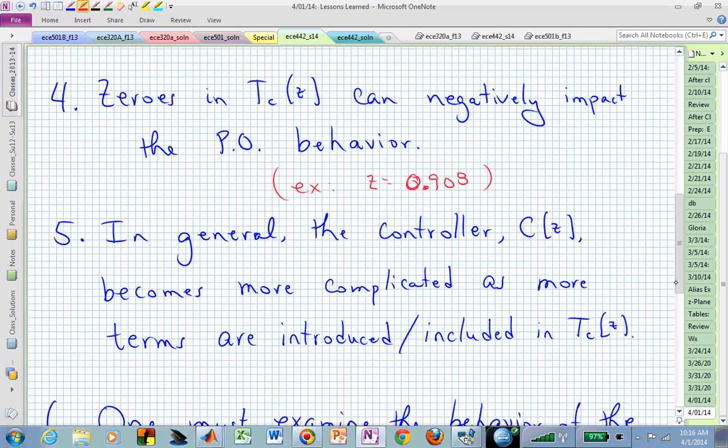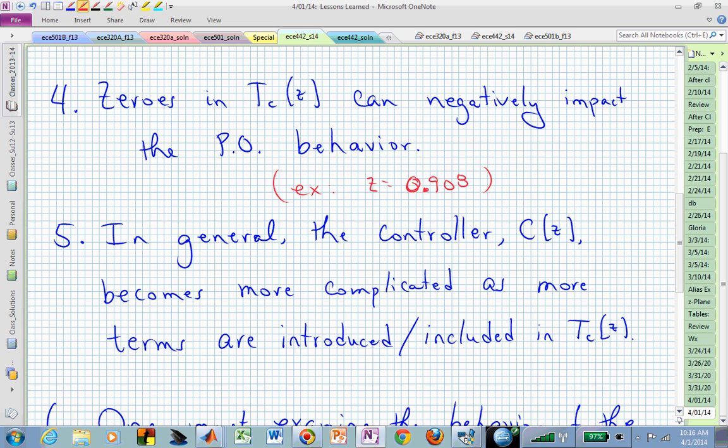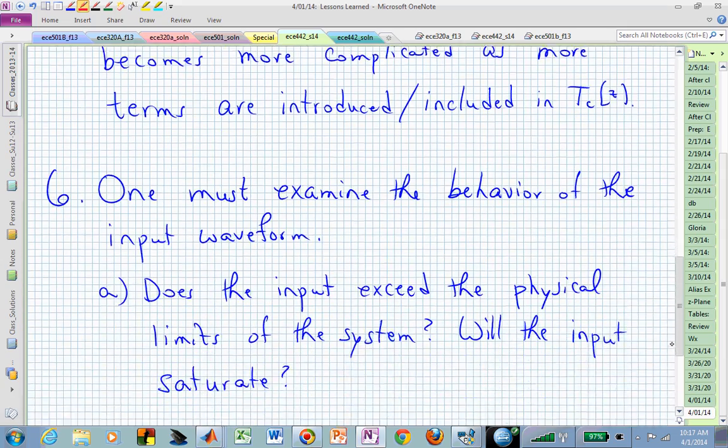If we modify T sub C of z to reduce some of the poor behavior caused by that pole in our controller, C of z, at negative 0.9934, that's just going to make our C of z more complicated.